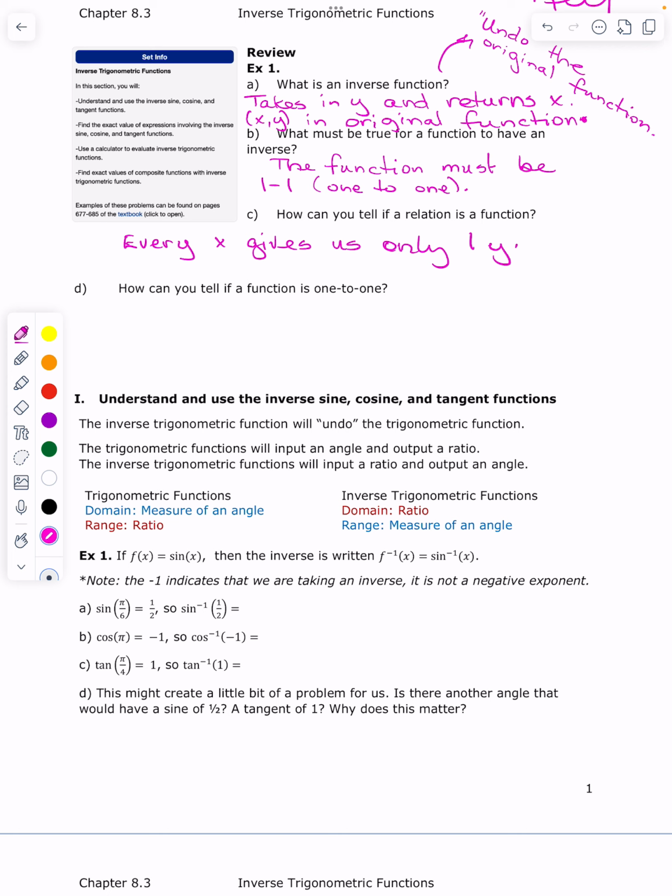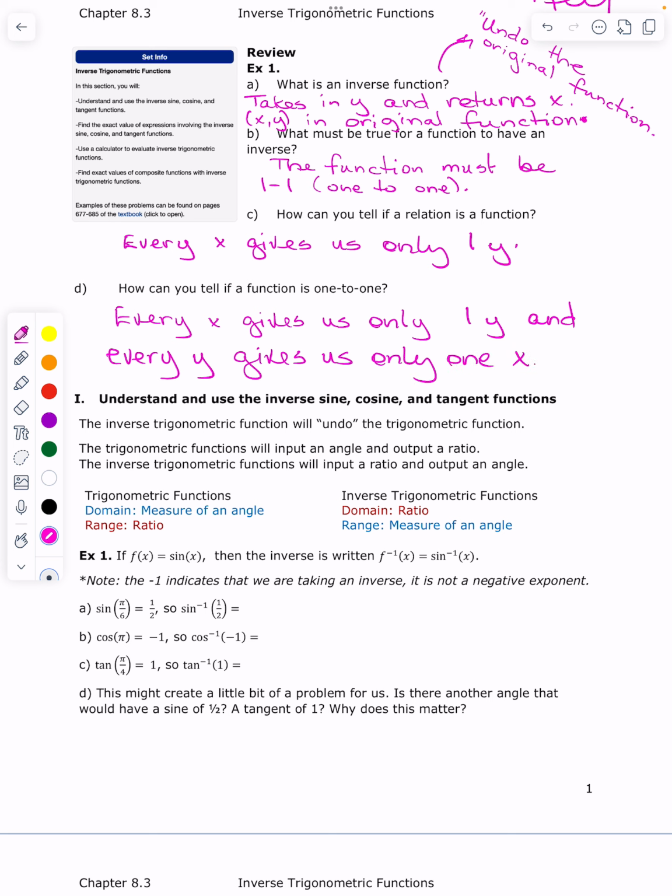If the function is one-to-one, then every x gives us only one y, and every y gives us only one x. So this goes both ways.